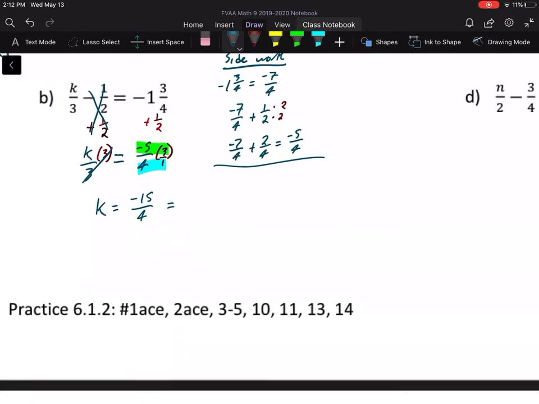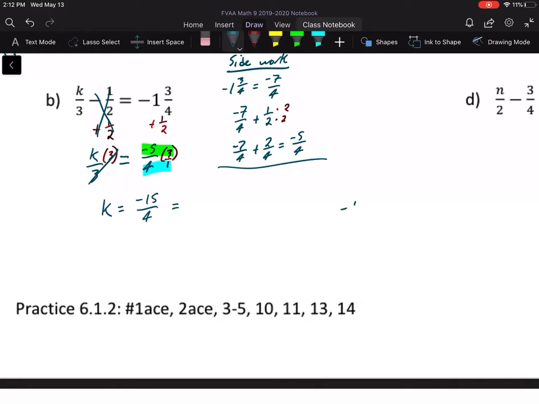So if you remember, if you do negative 15 divided by 4, 4 goes into negative 15 negative 3 times, which gives you negative 12, which leaves you with a remainder of 3 over the denominator 4.